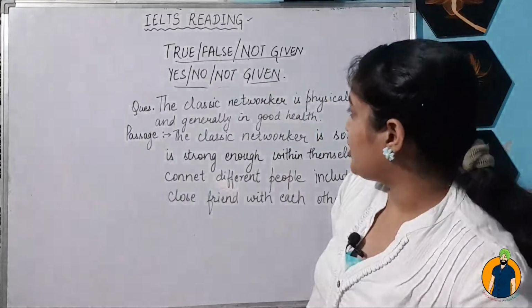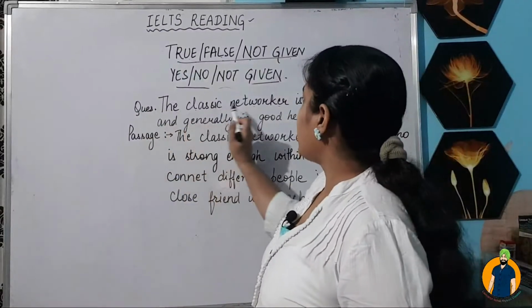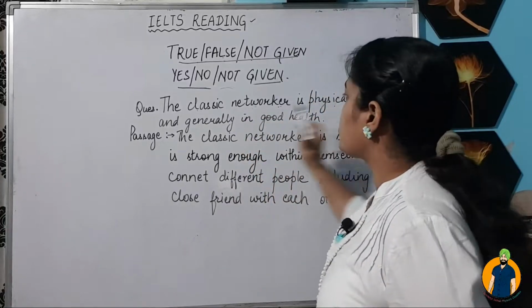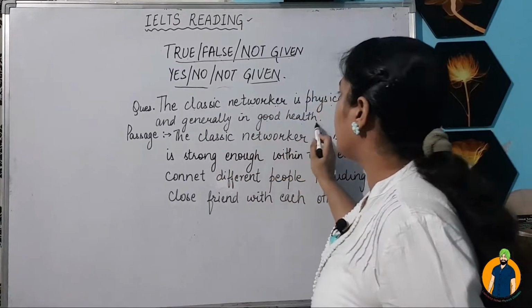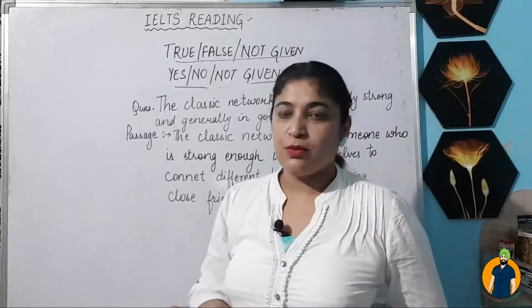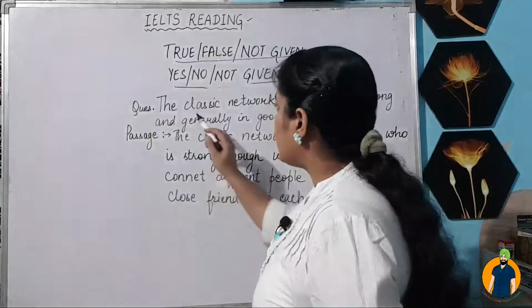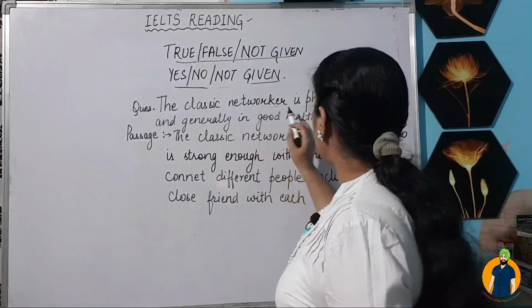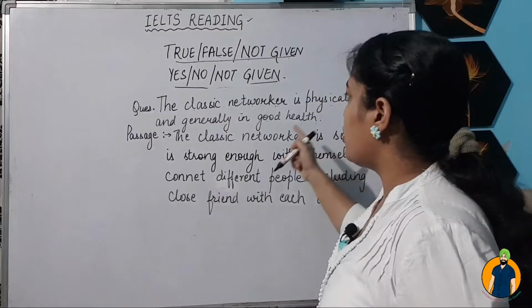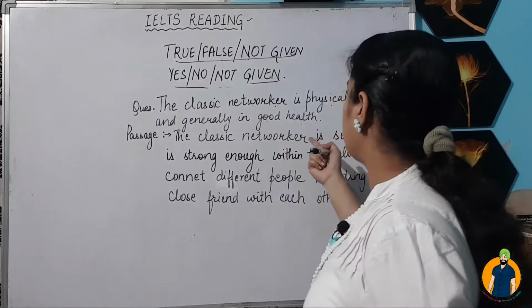And the last question is, the classic networker is physically strong and generally in good health. What does the question mean?